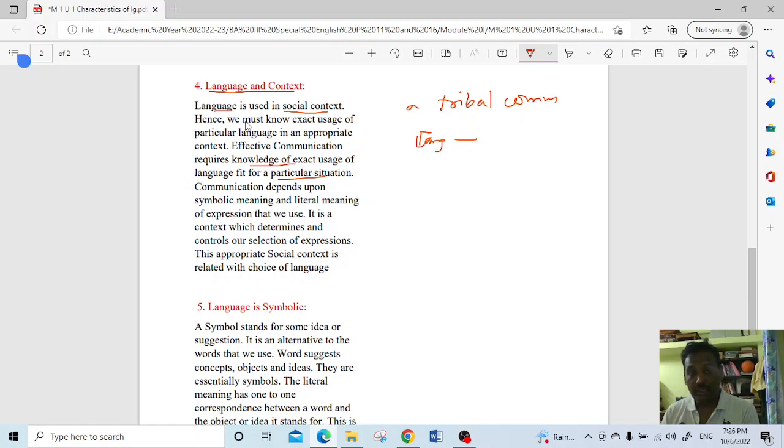Now it also means that if we say, for example, I saw a boy, we must understand that this word boy is used for a person of specific age.